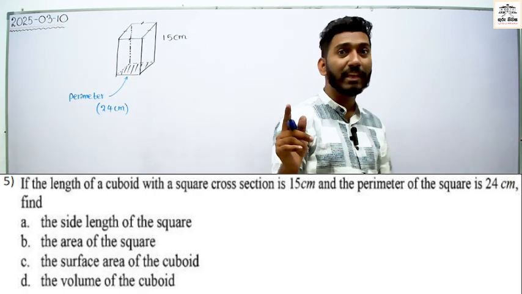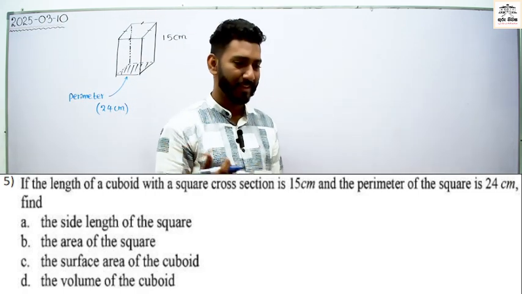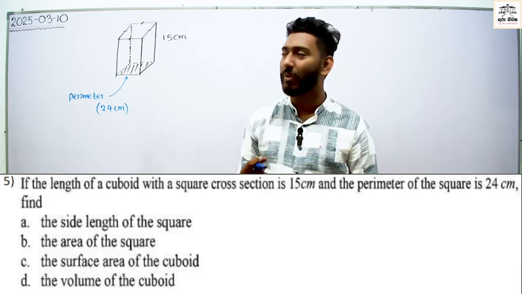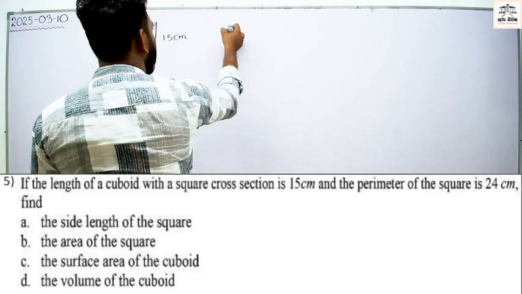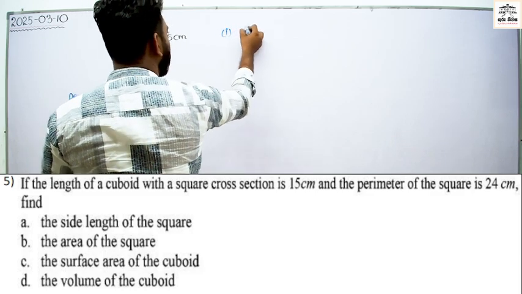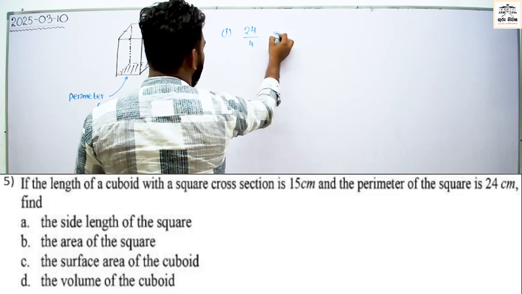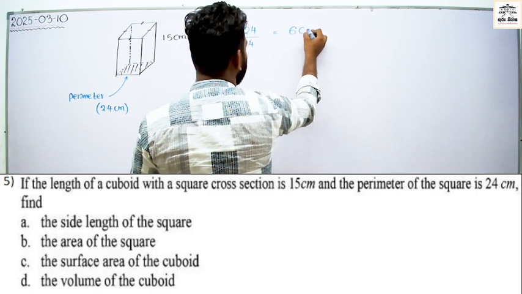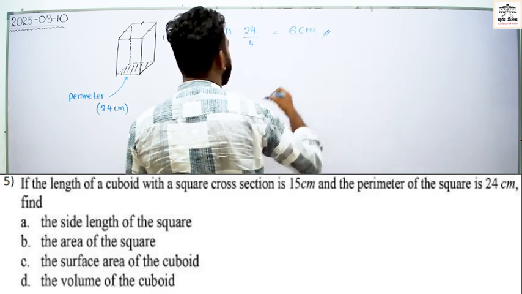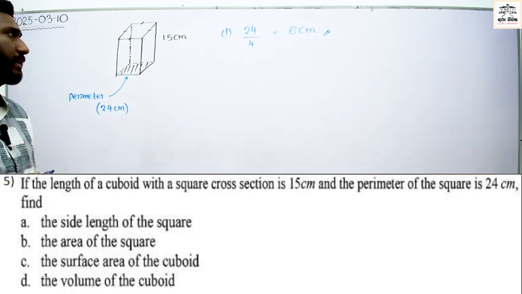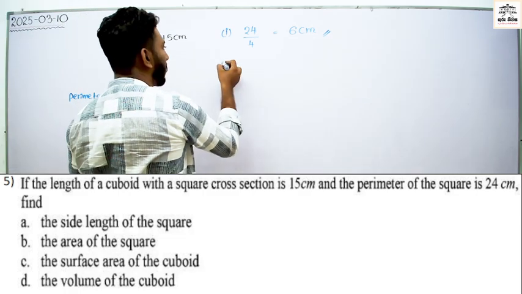Now you can find the length of the side, the side length of the square. The first one is very easy. Therefore, for the first one, 24, we have to divide by 4. Then the answer is 6 centimeters. And this is the answer for the first one.